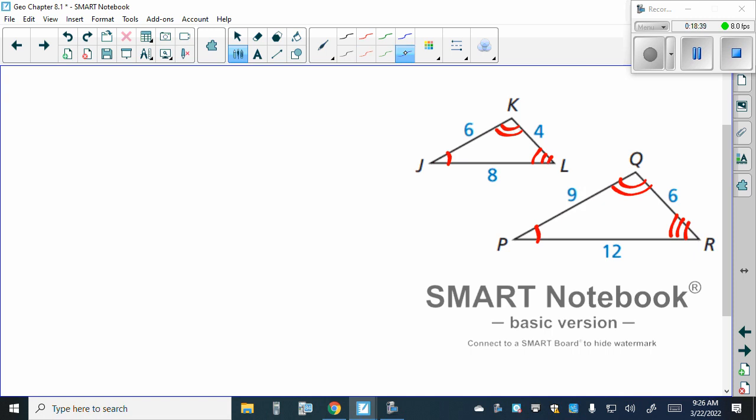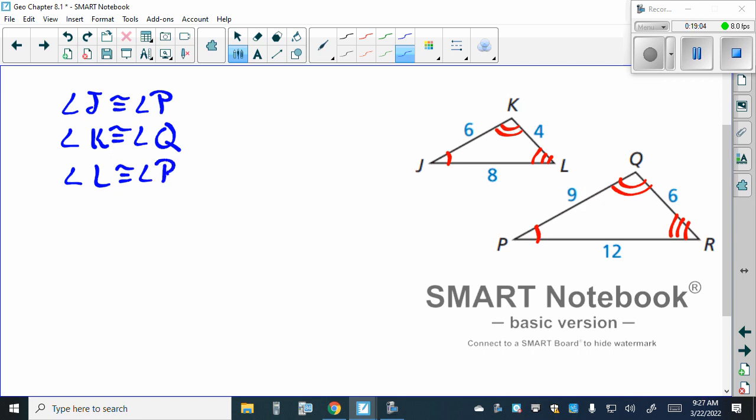So for our congruent angles, we can say what? Angle J is congruent to angle P, angle K is congruent to angle Q, and angle L is congruent to angle R. So these would be our sets of congruent angles.